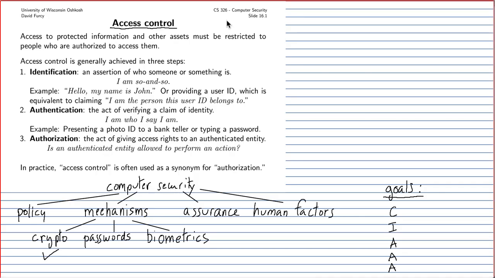So this term access control actually has several meanings, but for us, it's going to be a general term about controlling the access to computer assets or assets that have to do with computer security.